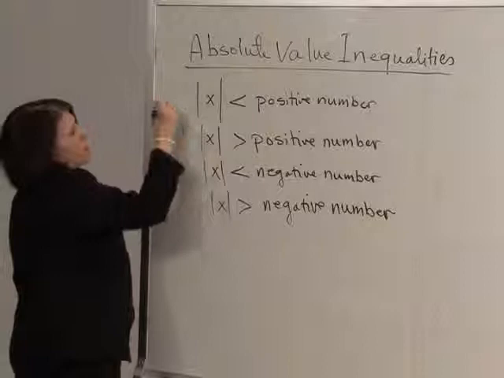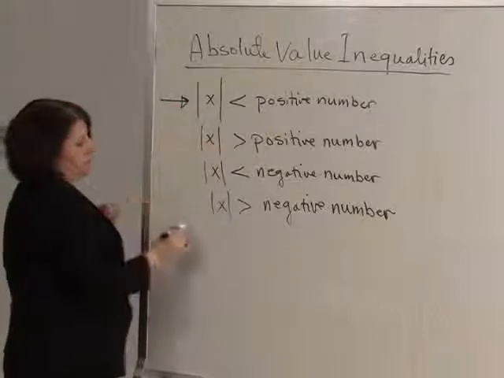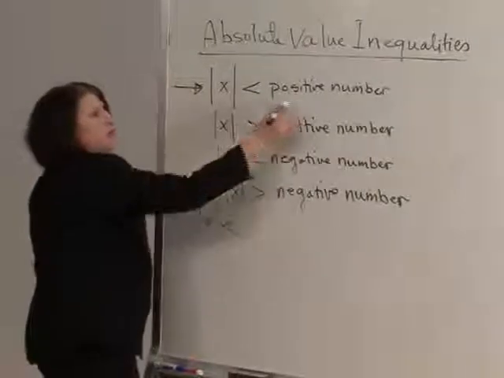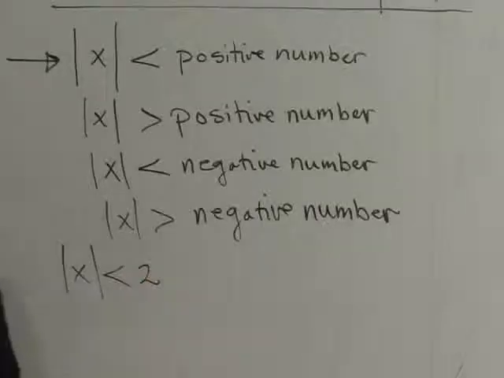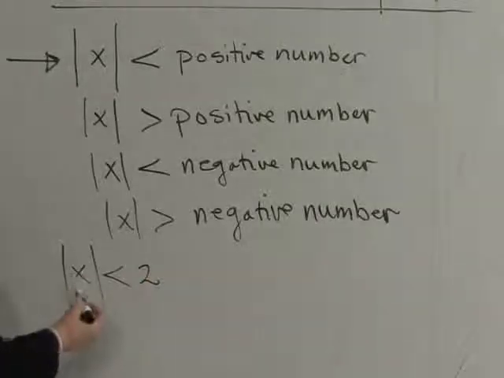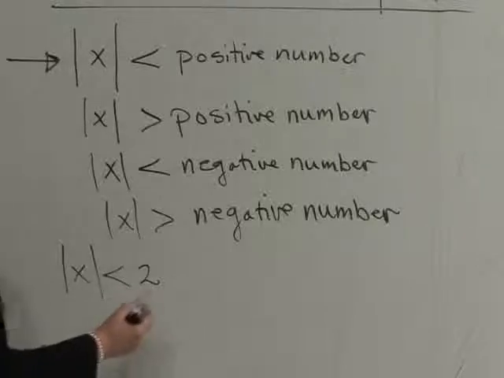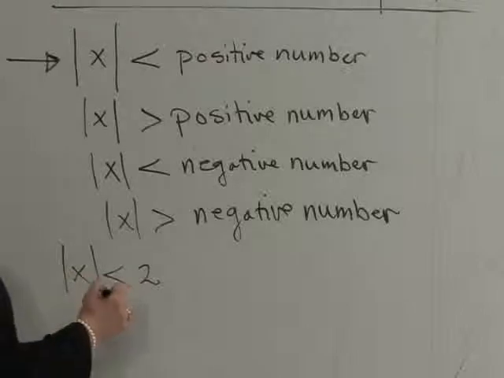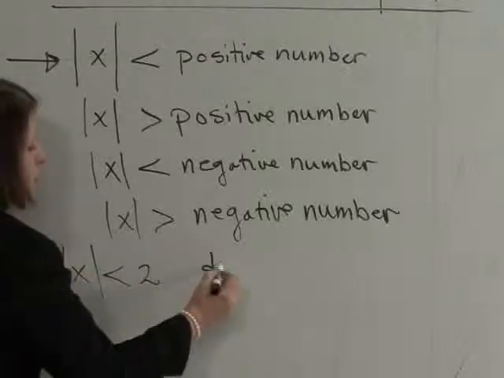So let's look at this case here. If the absolute value of the number x is less than a positive number, let's take 2 for example. If the absolute value is less than 2, that means the distance between x and 0 is less than 2 units.